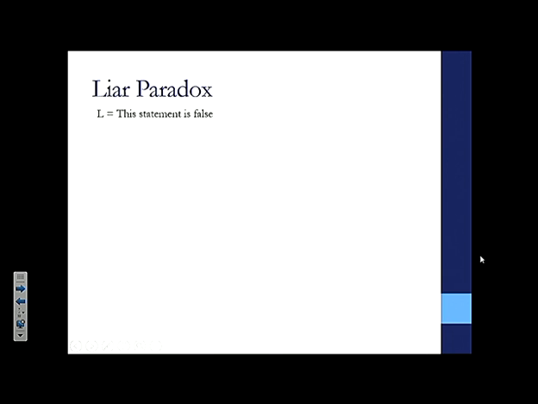It goes like this. I take the statement L. Now, L is a self-referential statement, right? It refers to itself. L says L is not true. All right. So it's just a statement: this statement is false, where this refers to the statement itself. Okay?